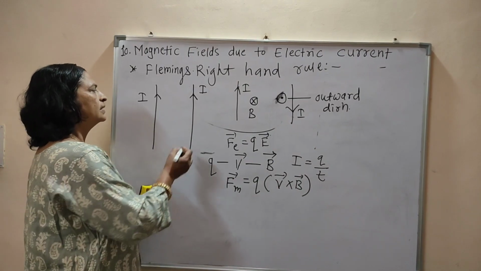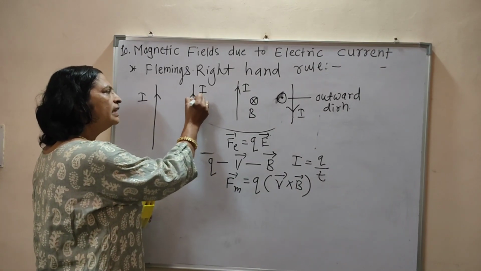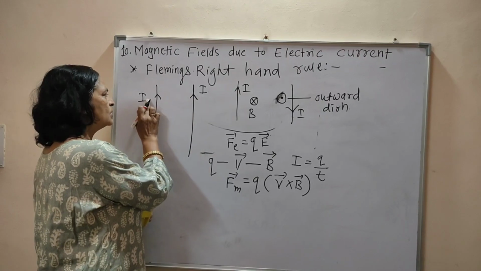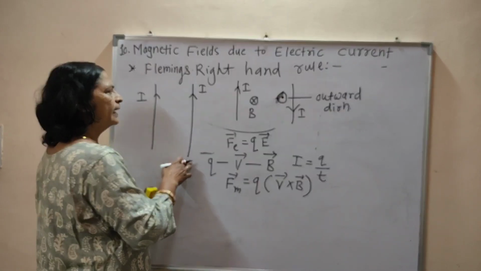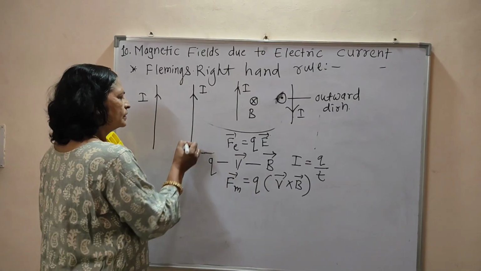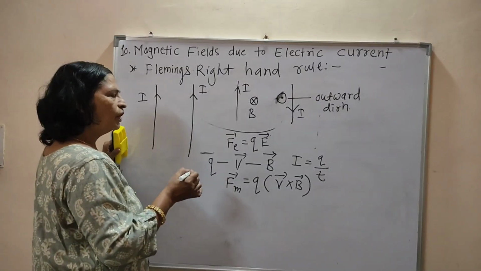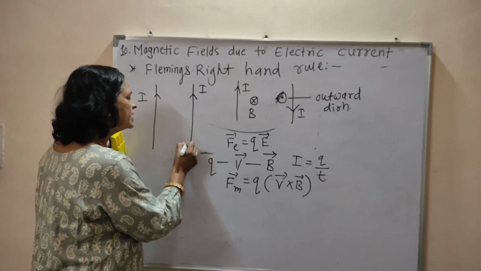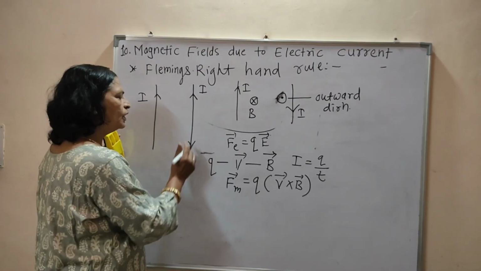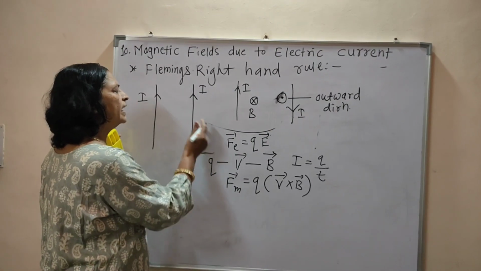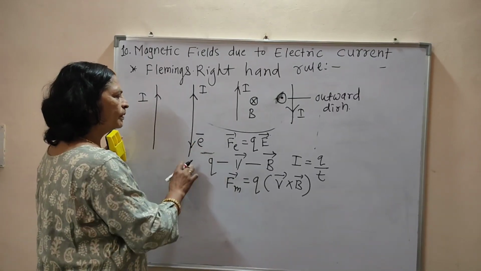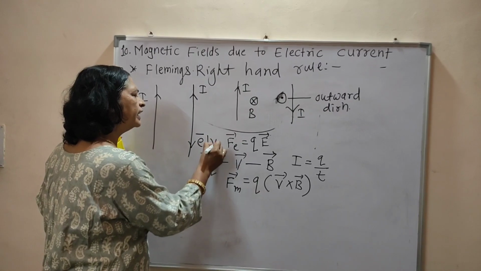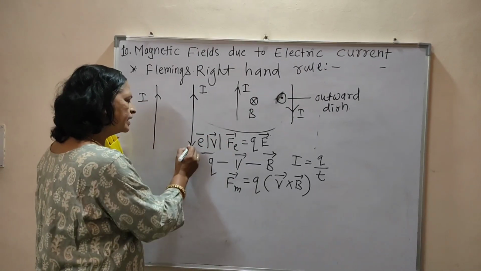And so now suppose the current is in this direction, meaning both the currents on the conductors are in the same direction. Then the direction of the electron is in this direction, because we know that the direction of electron is opposite to that of the direction of current, meaning the velocity vector is also in this direction.